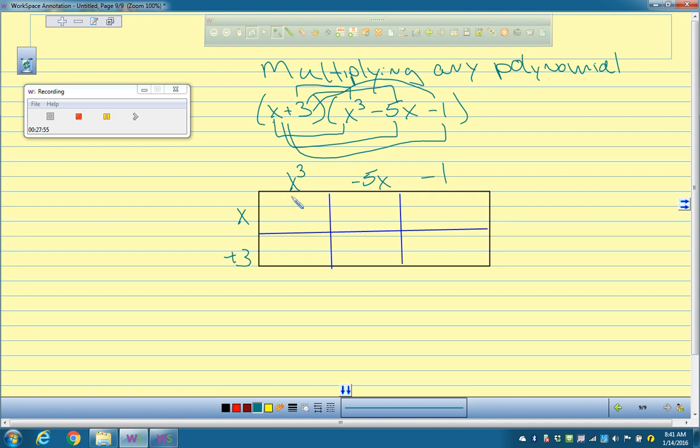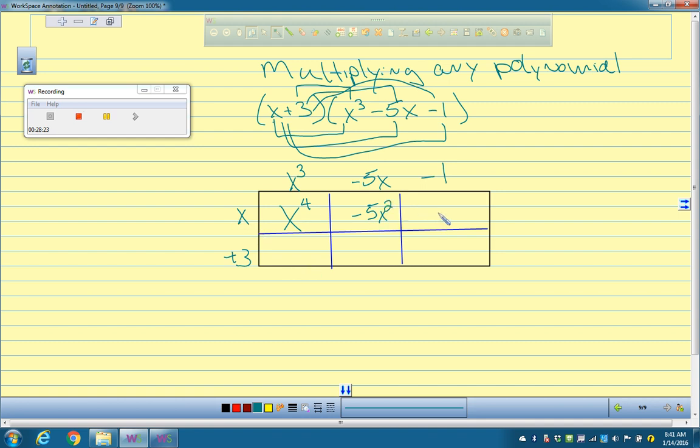Okay? So what's x times x cubed? X to the what? X to the 4. Okay? Minus 5x times x. What goes in here? Not 5x squared. Okay?